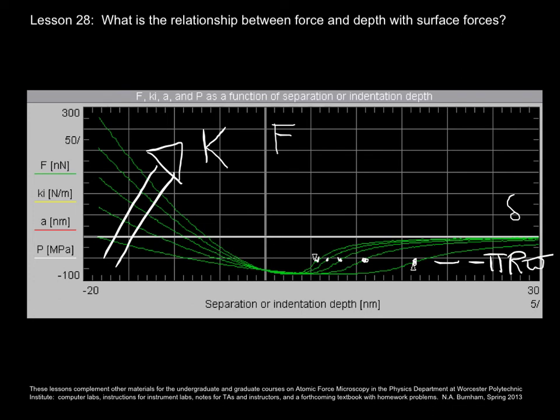These are the points where the tip and sample first come into contact. A more compliant material bulges farther out for the same work of adhesion than the stiffer material. So on this side of the plot, this is the direction of the increased reduced modulus.